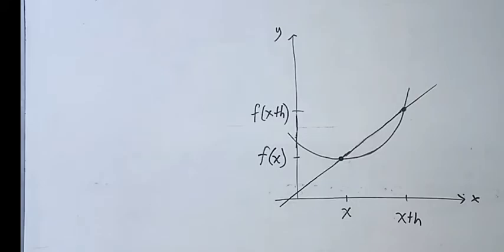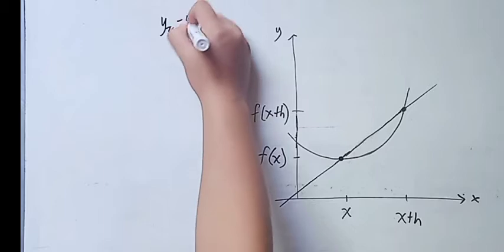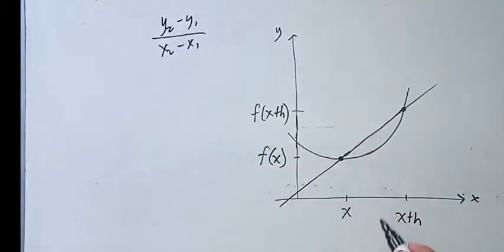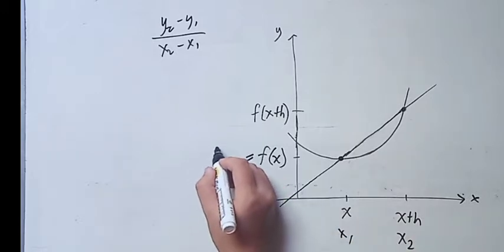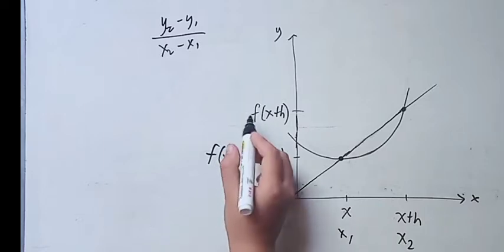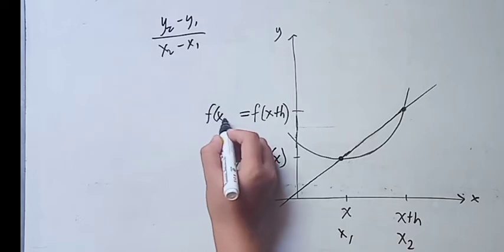And in getting the slope, we have the formula y sub 2 minus y sub 1 over x sub 2 minus x sub 1. Then let this be our x sub 1 and this our x sub 2. And since we use the function, let this be equal to f of x sub 1 and this be equal to f of x sub 2.